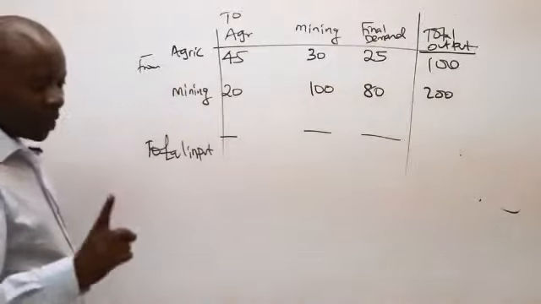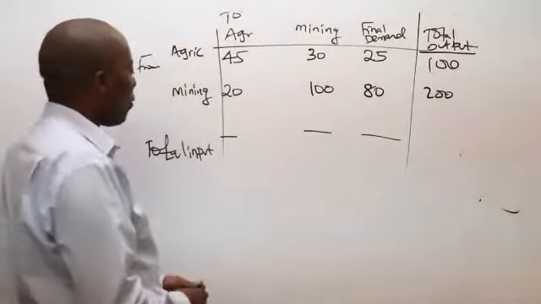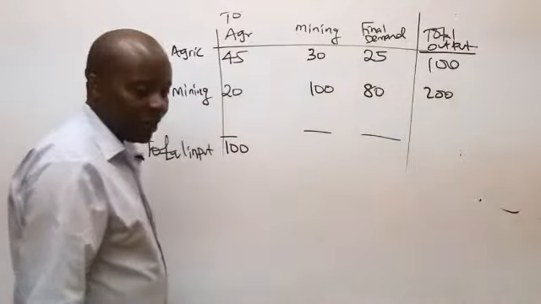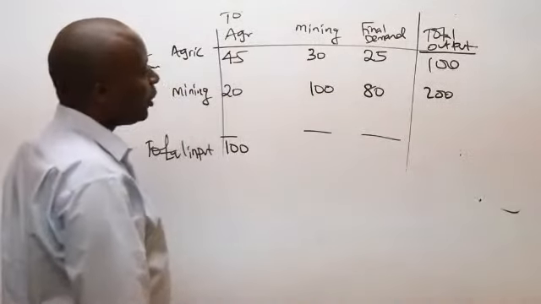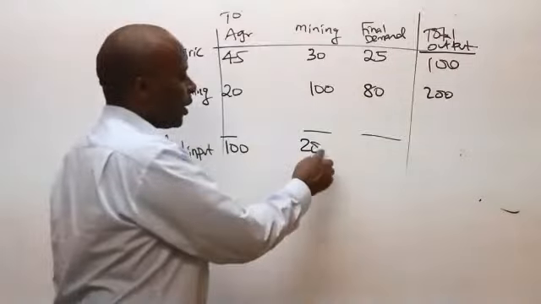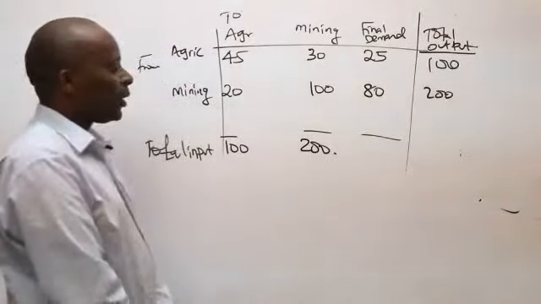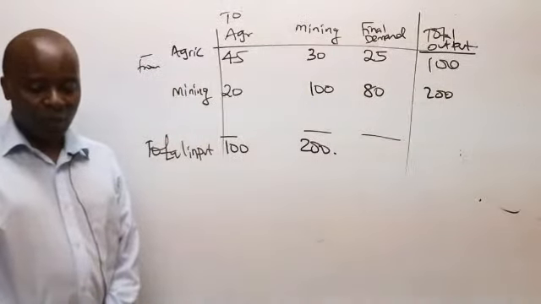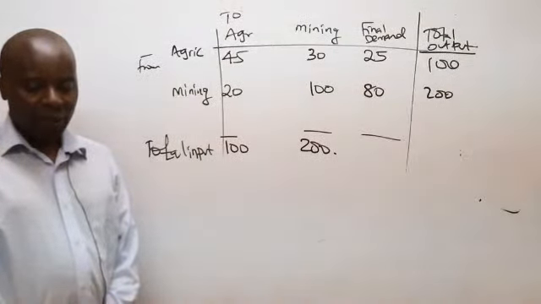Thank you very much for trying. However, that is not correct. The total input for agriculture is 100. The total input for mining is 200. Is there anybody who is able to see where I'm getting those figures from?